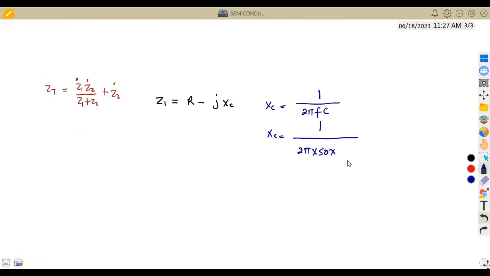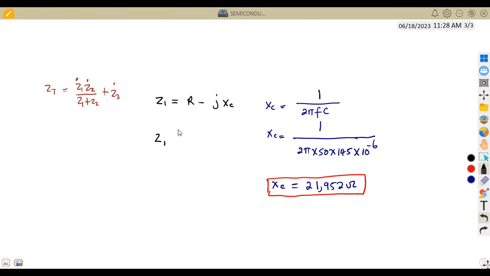Remember our capacitance was 145 microfarads, and micro is times 10 to the exponent of -6. So to 3 decimal places, we are going to obtain something like 21.952 ohms in this case. So this is our XC, the one that we need here.